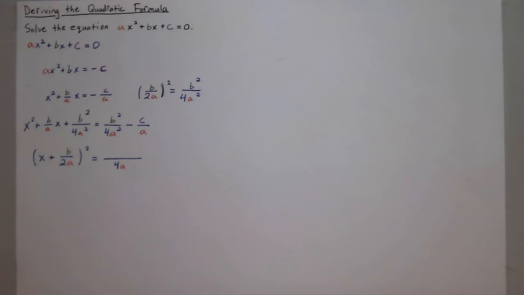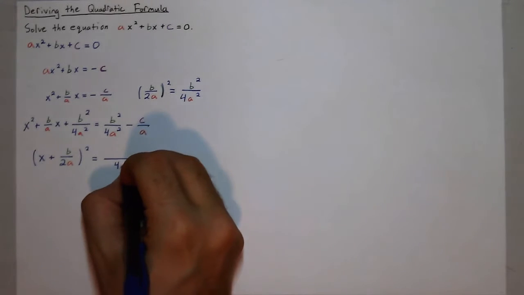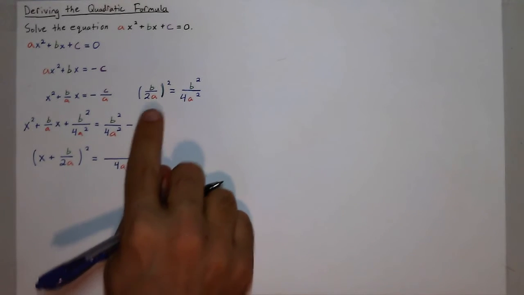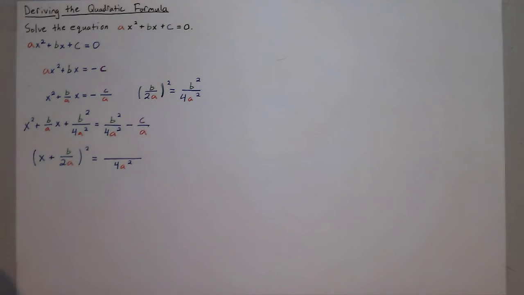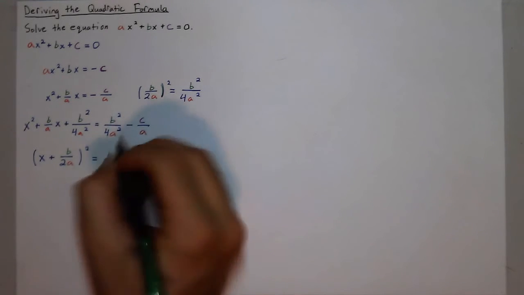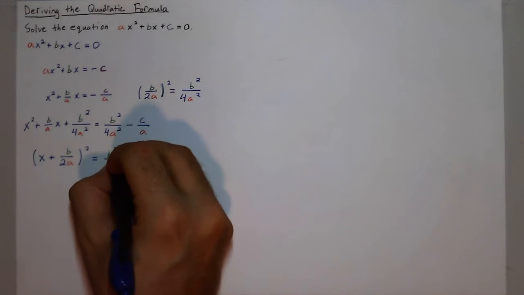The way I'm going to get that is to multiply my c over a by 4a on top and bottom, so that I'll get 4a squared in its denominator. And that leaves my numerator to be b squared minus 4ac.